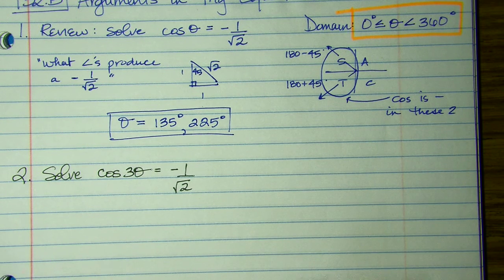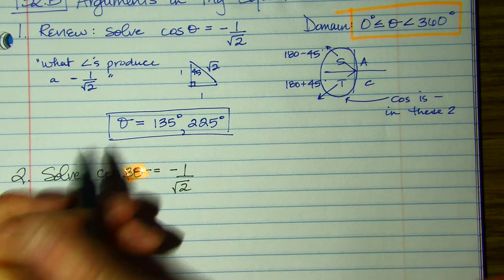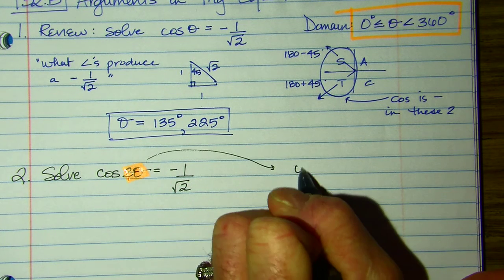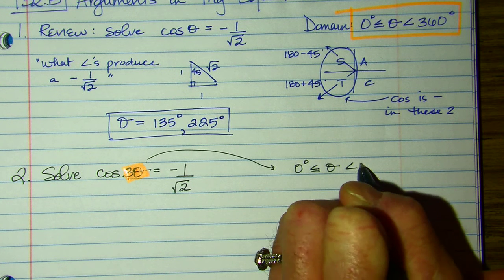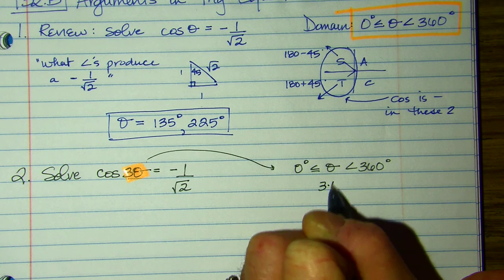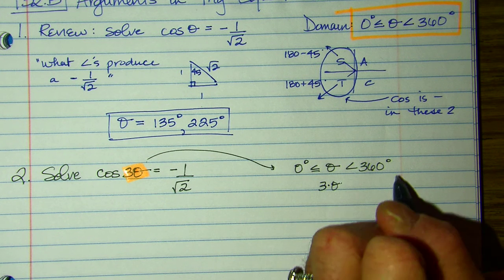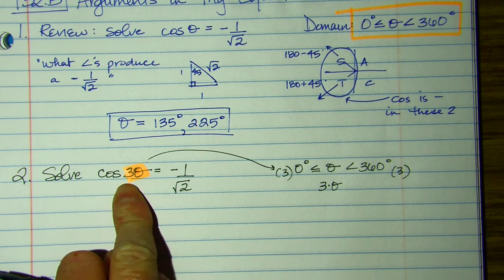However, this affects my domain. If my domain is 0 degrees is less than or equal to theta, which is less than 360 degrees, I have 3 times theta. So I actually have to multiply both sides by 3.